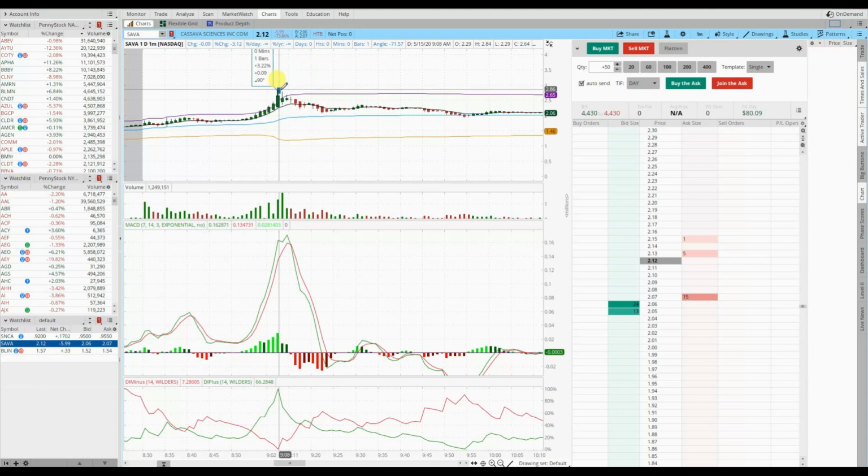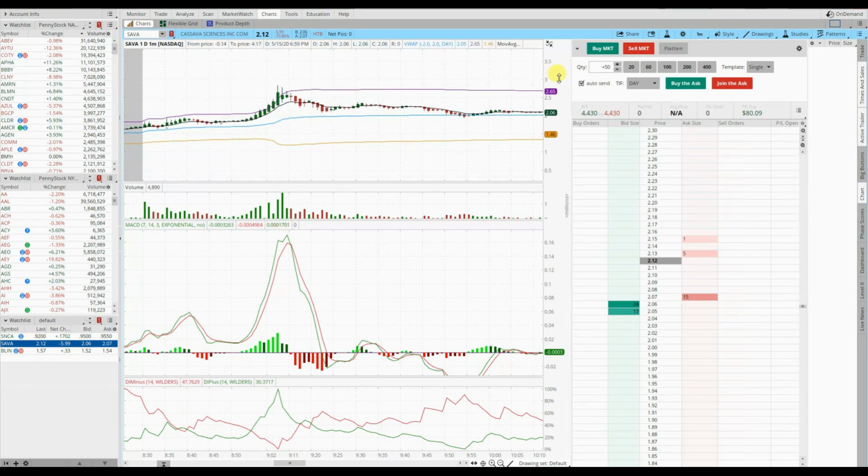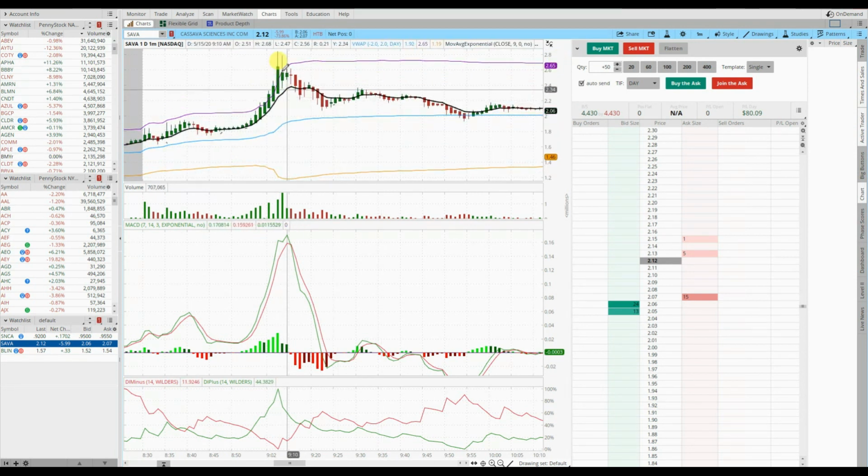These are very dangerous plays if you don't know what you're doing, and if you're not putting a stop loss, or if you're buying out of greed and you're trying to chase this stock right here, trying to buy where it appears to be the highest point. If you chase stocks like this, you will get burned. You will lose money.